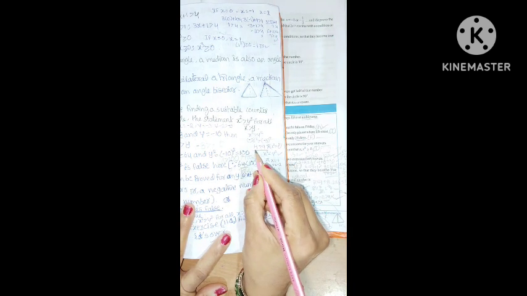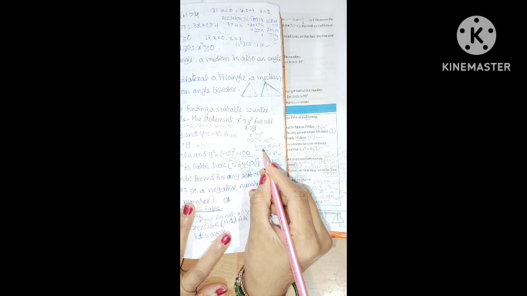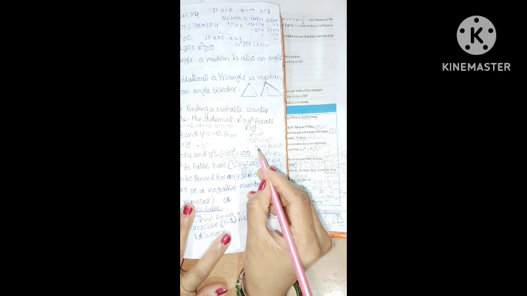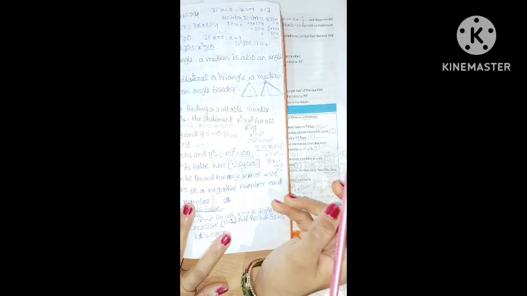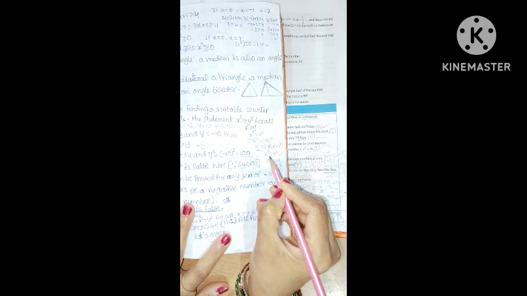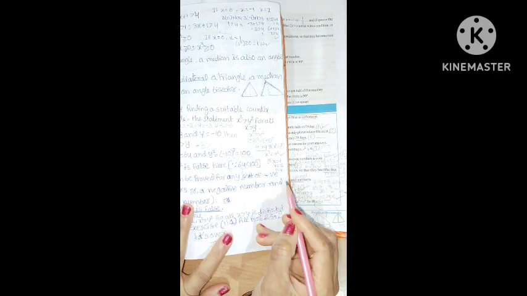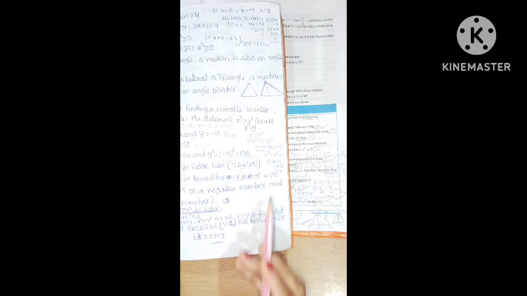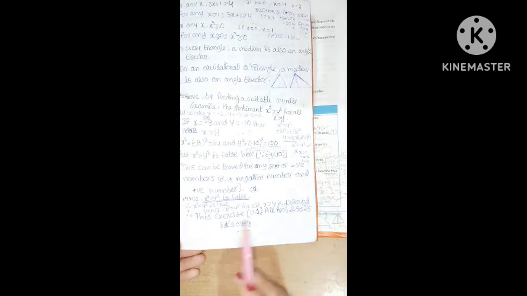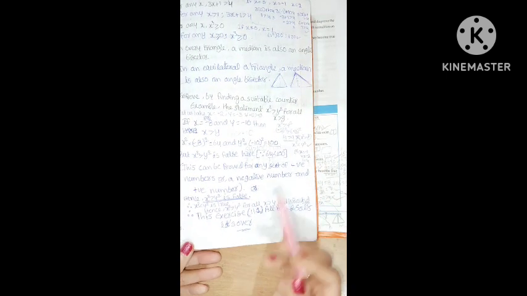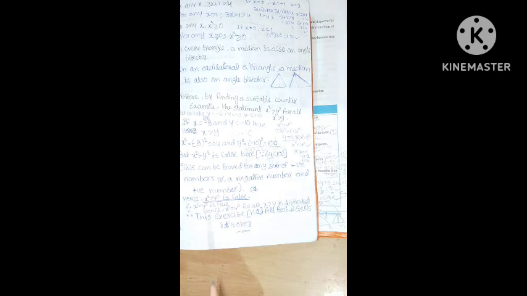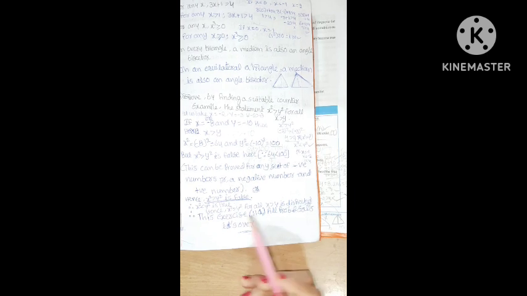Here x square is 4, y square is 9, so 4 greater than 9 is false. x square less than y square is true. Let us take any two negative numbers. The given statement for all x greater than y is disproved.